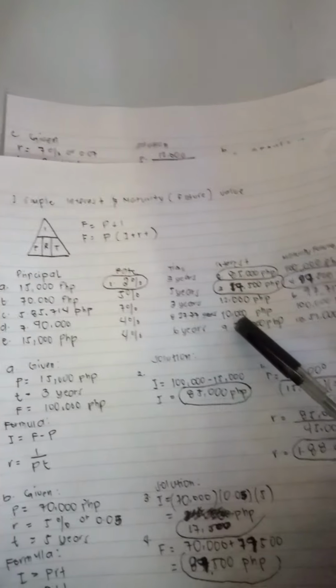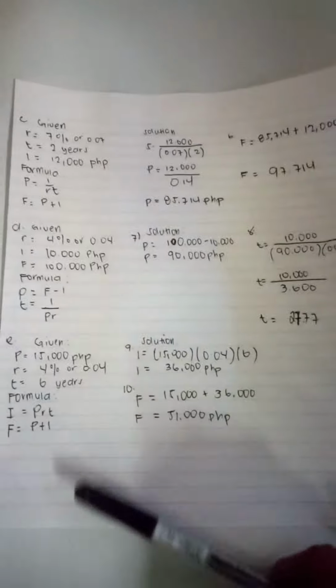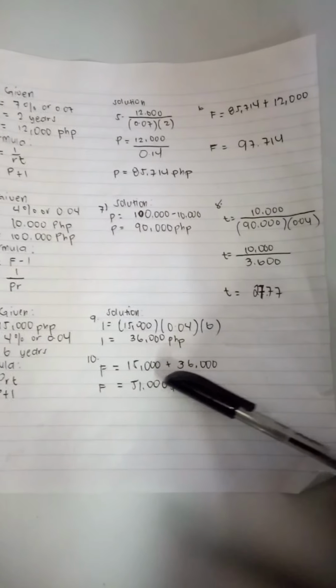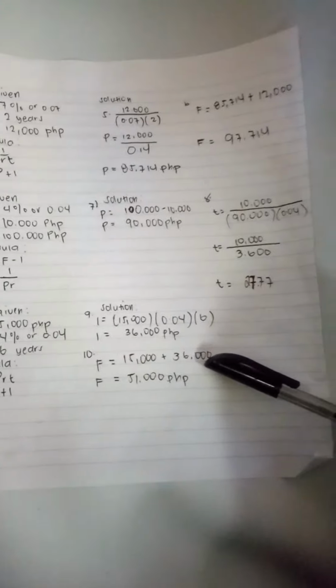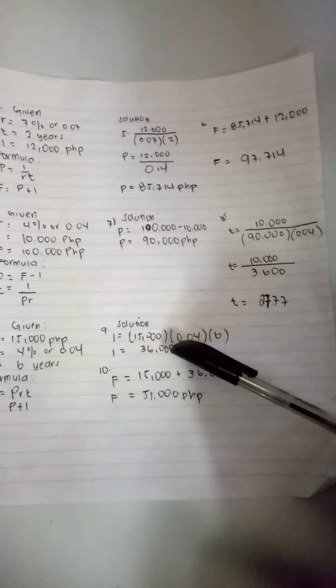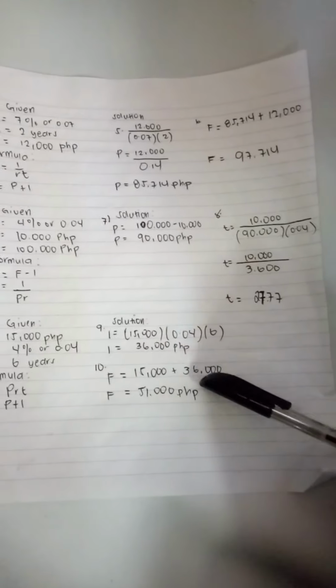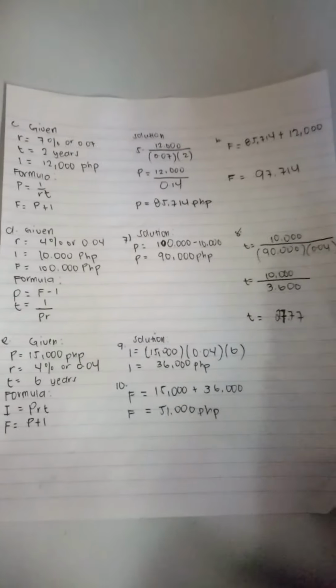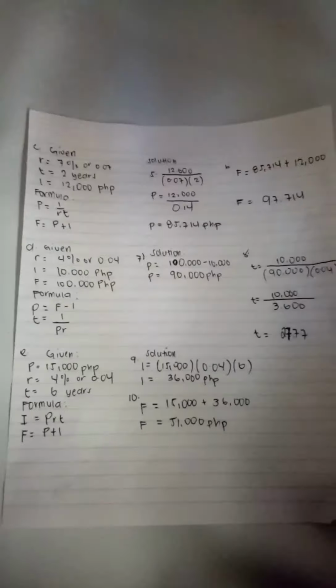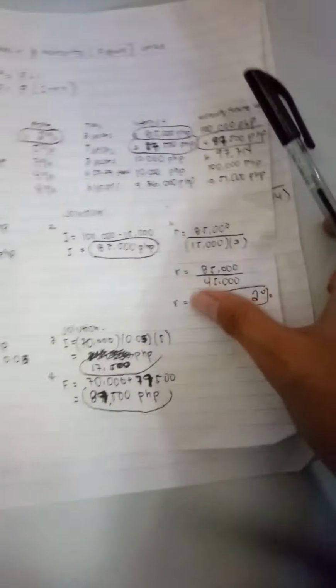Ito po siya, ang interest is 36,000. The next naman po, solve naman po natin yung maturity future value nya. 15,000 yung principal plus 36,000 yung interest is equals to 51,000. Bali, yan na po yung magiging future value natin.